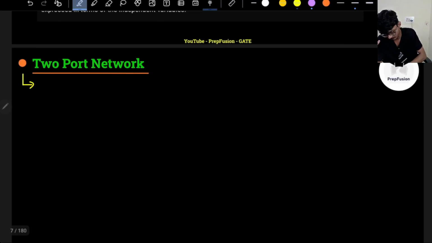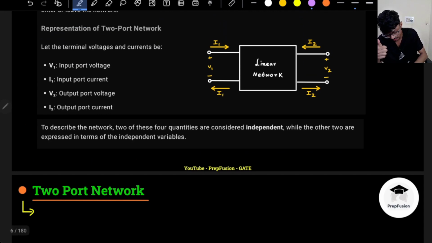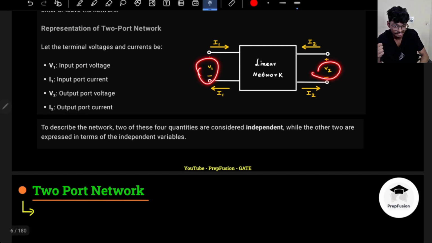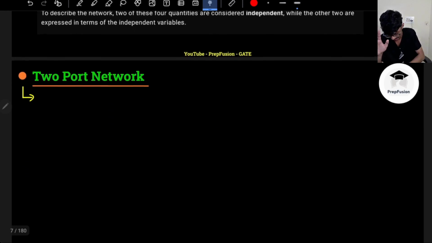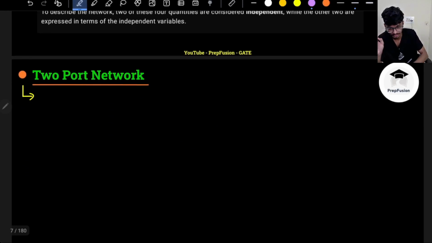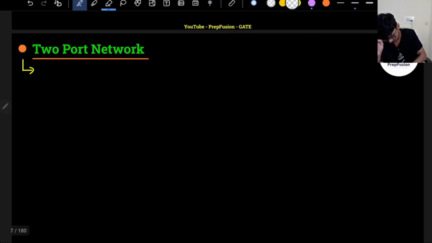So generally we try to define two values as a function of the other two values. So that is what is written over here. So I have four quantities: V1, I1, V2, I2.